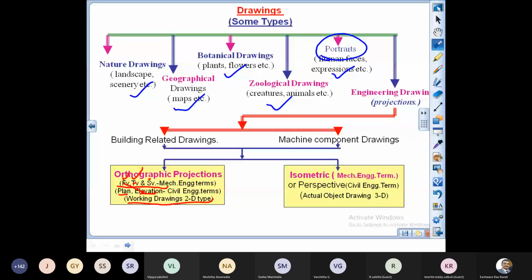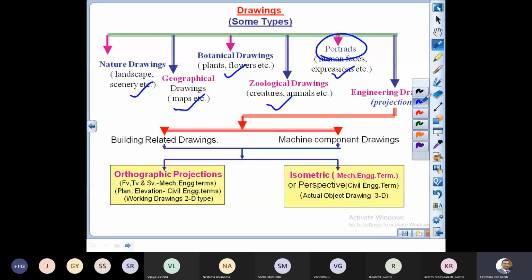This is related to our subject. Now see here, the orthographic projection is nothing but how we see an object from the front.